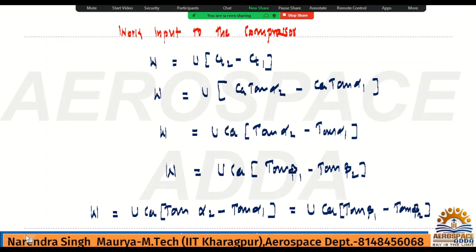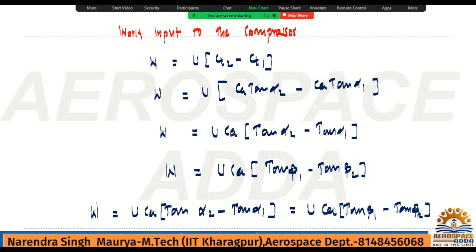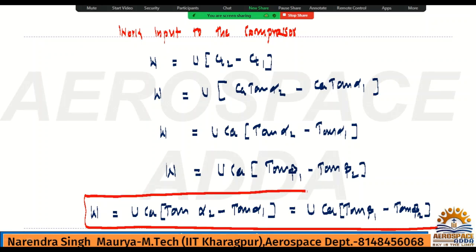Now both formulas you have, right? In terms of both alpha and beta. Alpha I told you is called the air angle, or absolute angle, or flow angle. Beta I told you is the blade angle and relative angle.